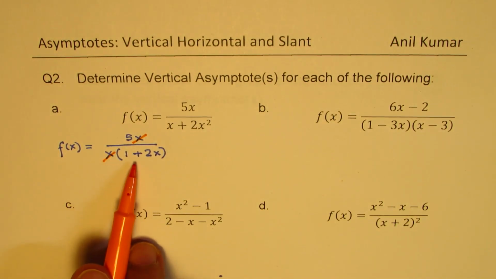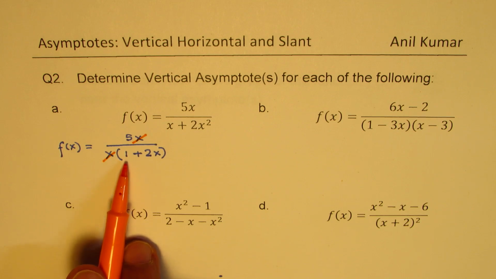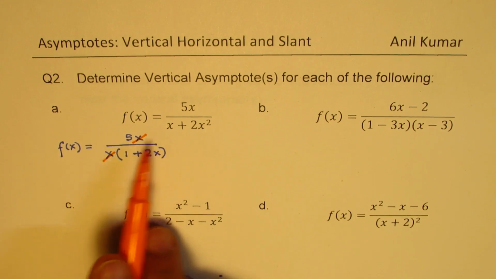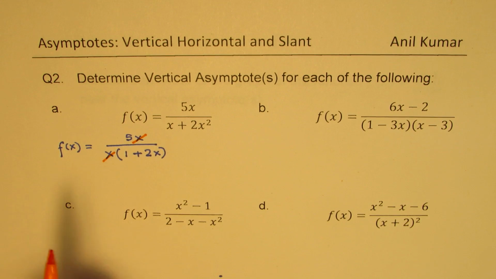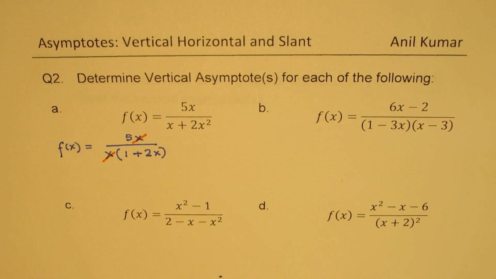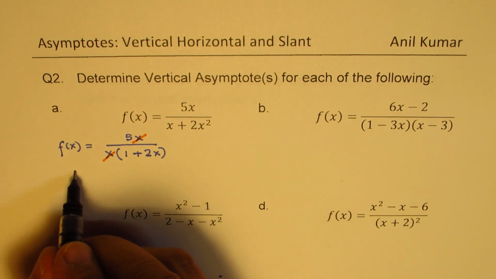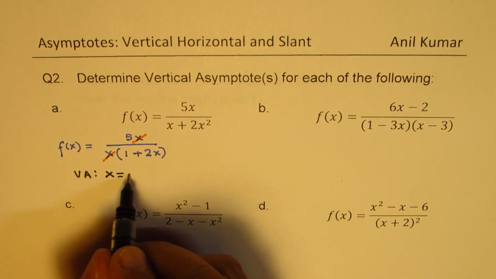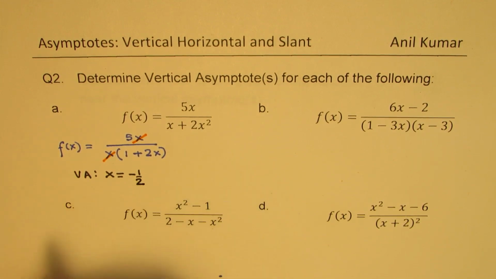So we have a vertical asymptote, and that is only because of the factor 1 plus 2x, not because of x. Remember, x equals 0 can also make the function undefined. However, it doesn't contribute to a vertical asymptote, right? So in this particular case, we have a vertical asymptote at x equals minus half, right?